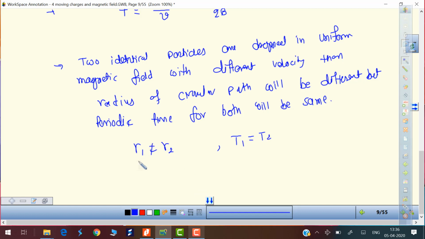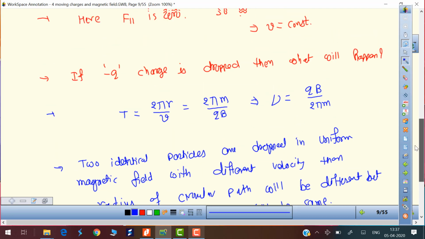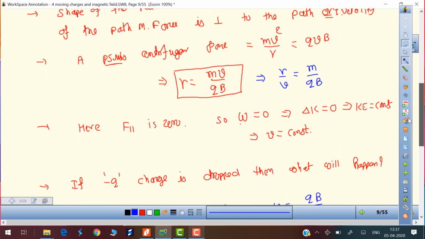If R1 is not equal to R2, which one is greater? If V1 is greater than V2, then R1 is greater than R2. Or vice versa, if V2 is greater than V1, then R2 is greater than R1. Okay.